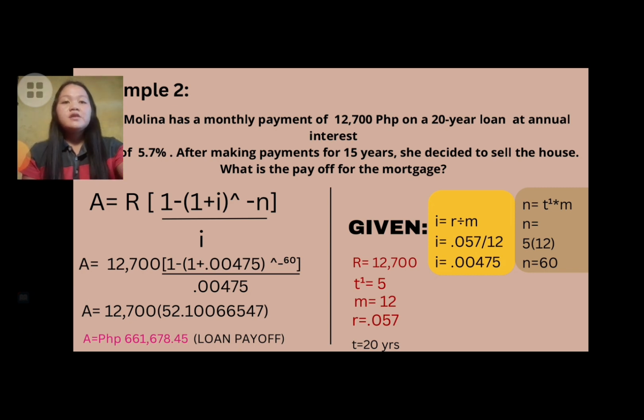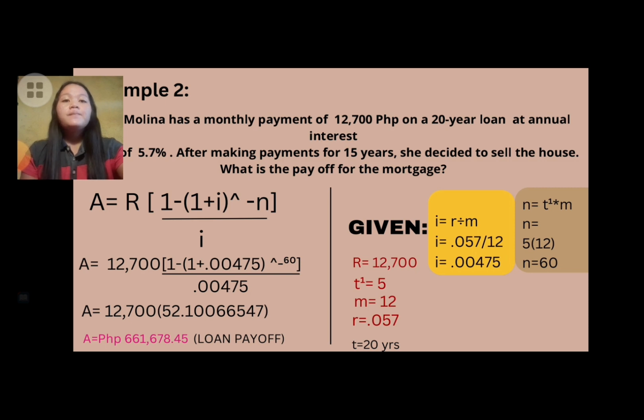So we have here 12,700, which is the monthly payment, and then open brackets, 1 minus open parenthesis 1 plus the monthly interest rate. The monthly interest rate again can be obtained by dividing the annual interest rate by the number of payment periods per year, which in the example here is monthly, so we have to divide it over 12.